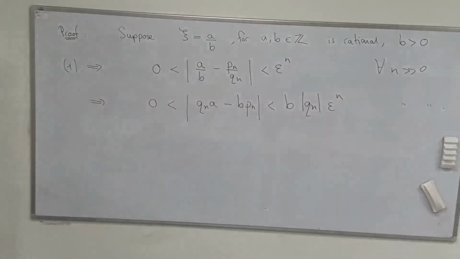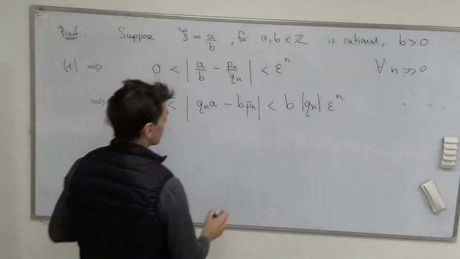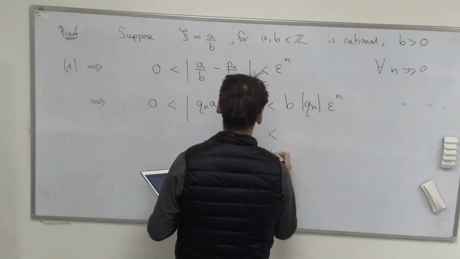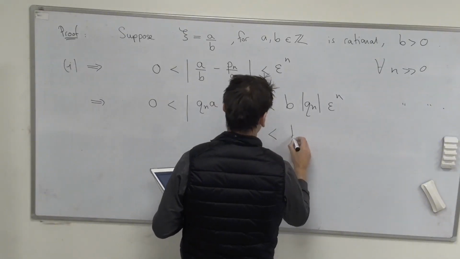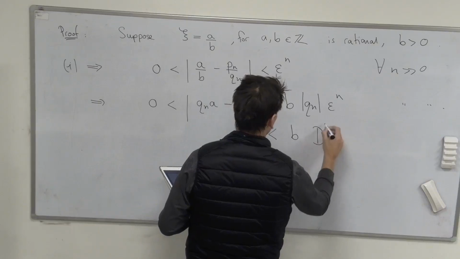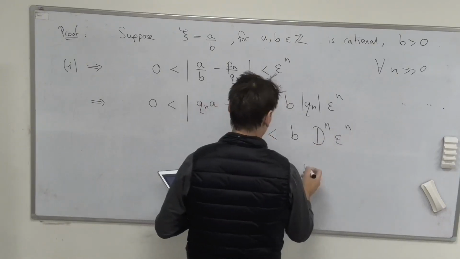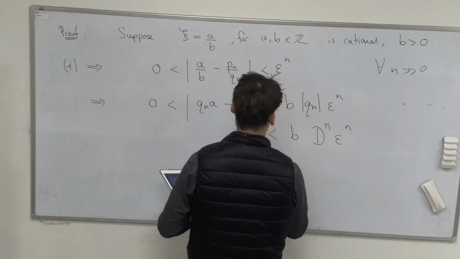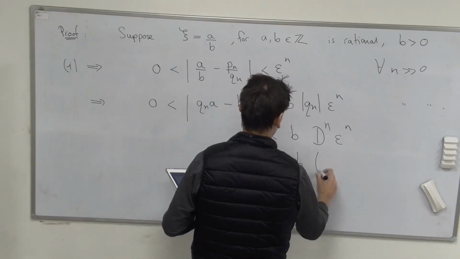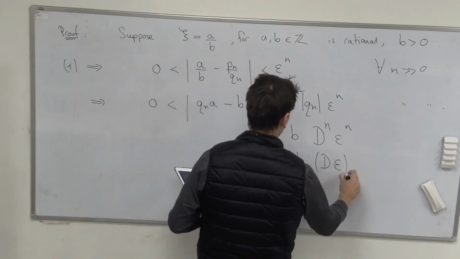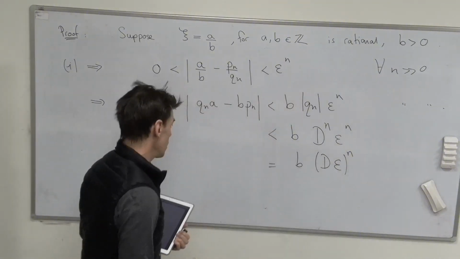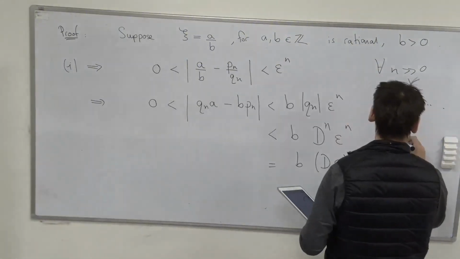Now, by the second assumption, this is less than b d to the n epsilon to the n, which is equal to b times (d epsilon) to the n. So this is by condition 2.